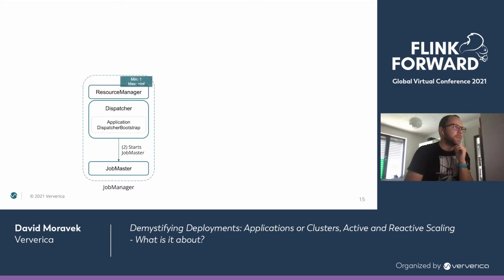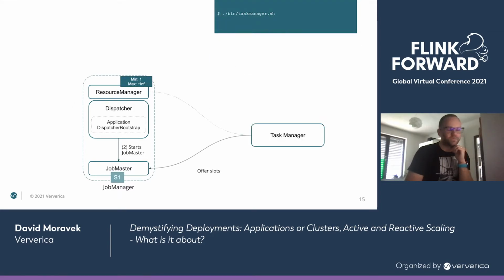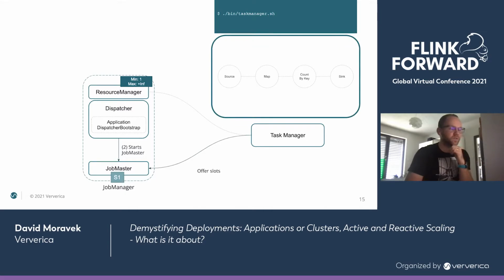So right now, when we start a task manager, our job master receives a slot and it can immediately start executing our pipeline without having to wait for other resources.